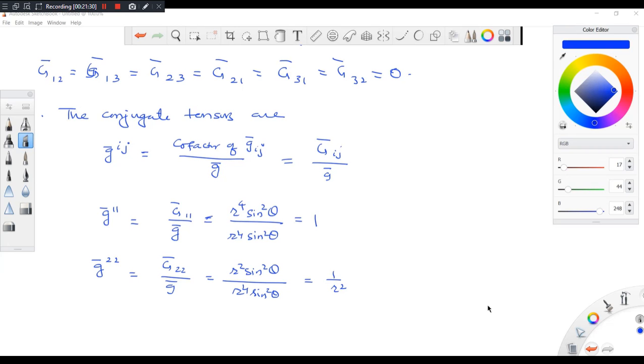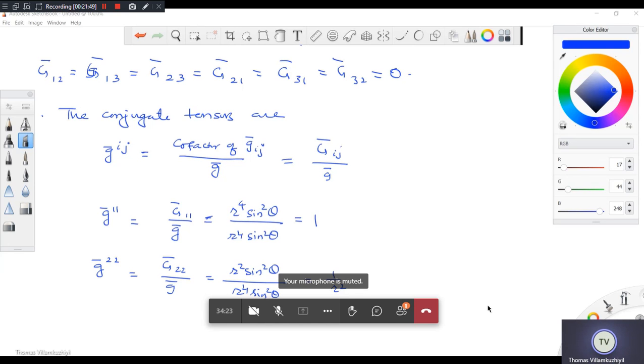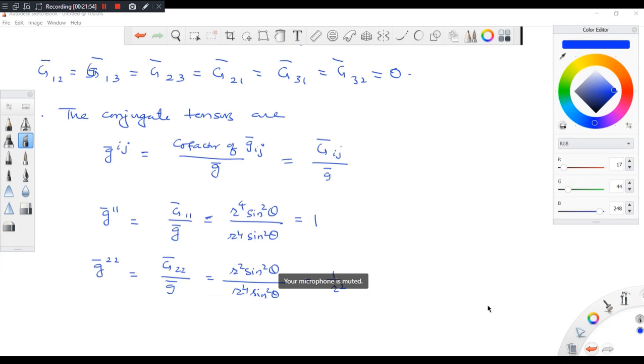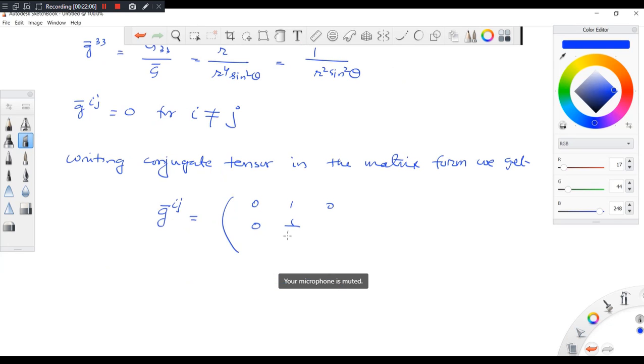So now if you write the conjugate metric, the conjugate tensor, in the matrix form, we get G bar ij is equal to 1, 0, 0, 0, 1 by R square, 0, and 0, 0, 1 by R square sine square.